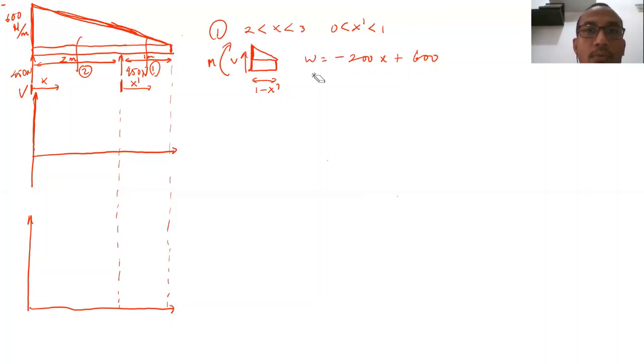What we're supposed to do is just to replace x with x action. Remember that at x equal to 3, x action is equal to 1, and at x equal to 2, x action is equal to 0. So in this case, I can represent x action in terms of x like this: x minus 2 meters.